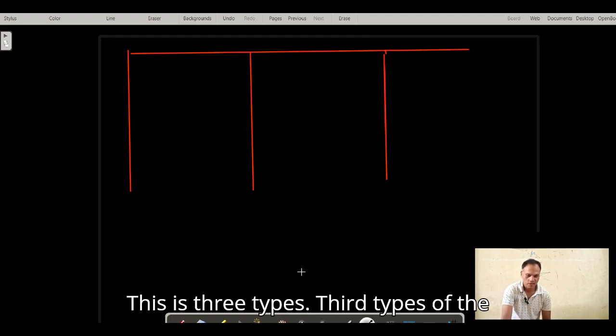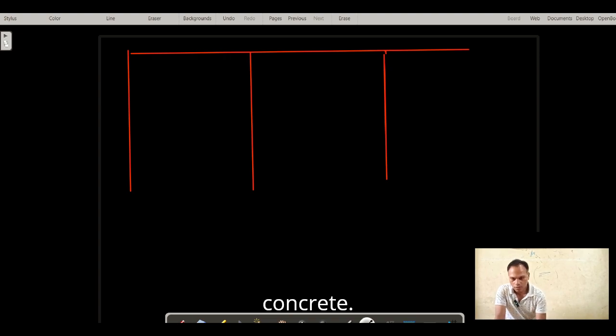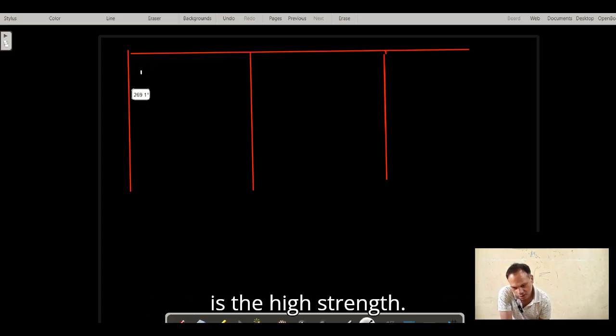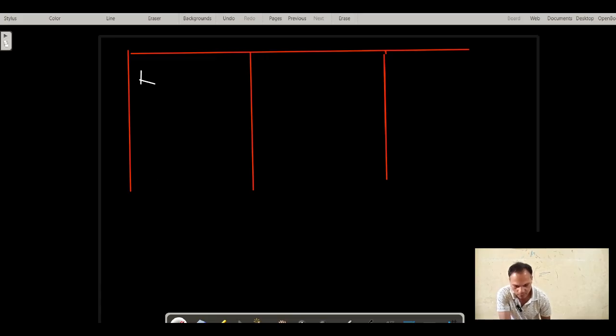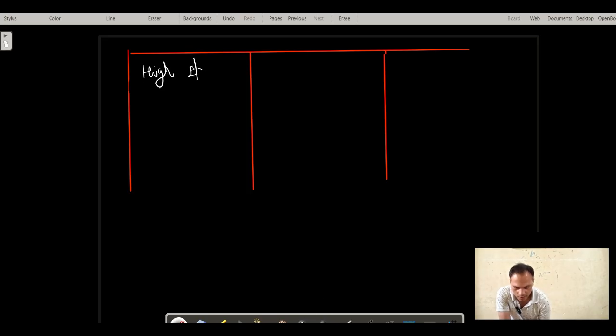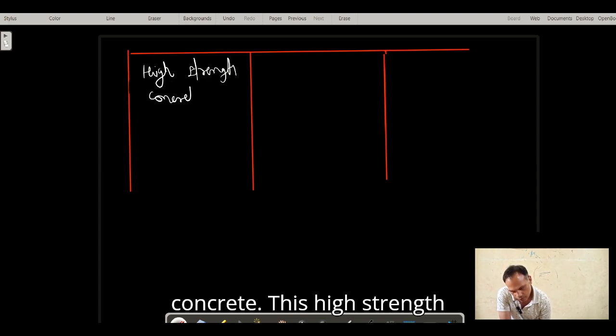This is the third type of concrete. The third type of grade of concrete is high strength concrete.